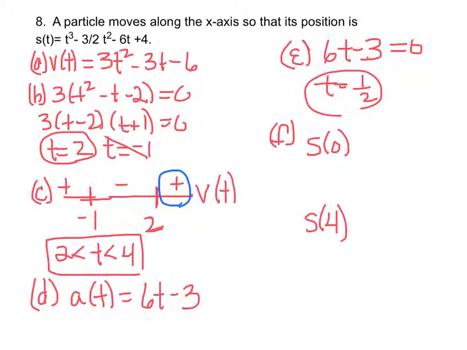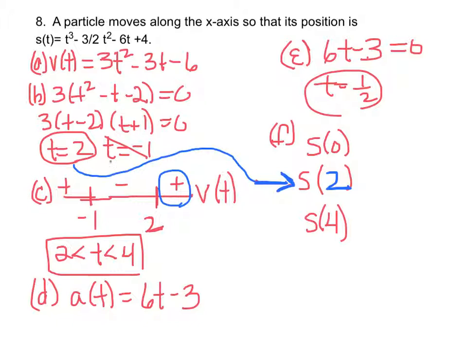That space in between, we will always evaluate the position equation, but this middle spot right here is always going to be where the velocity is equal to 0. And that we can find right here in part B. Okay, so the velocity was equal to 0 at time 2, so I'm going to evaluate the position, always the position equation, at time 2 as well.